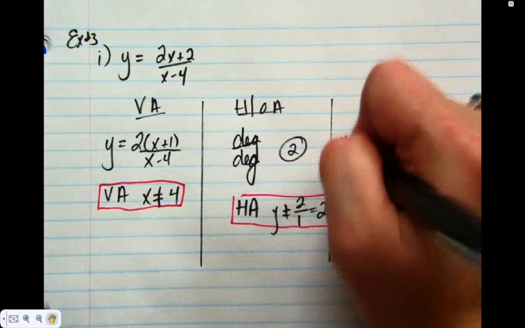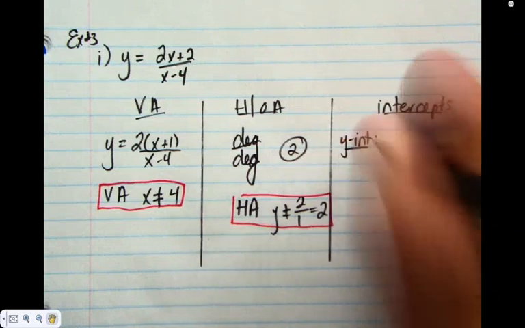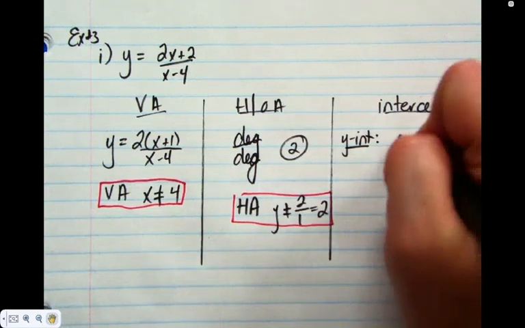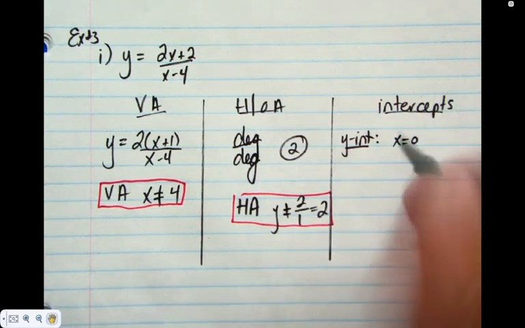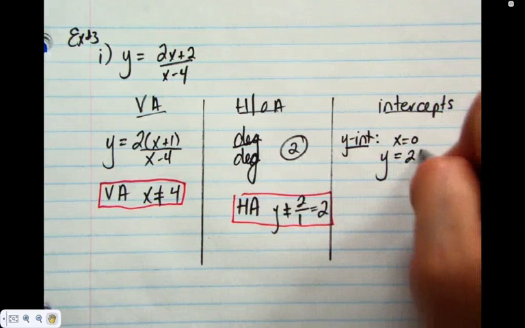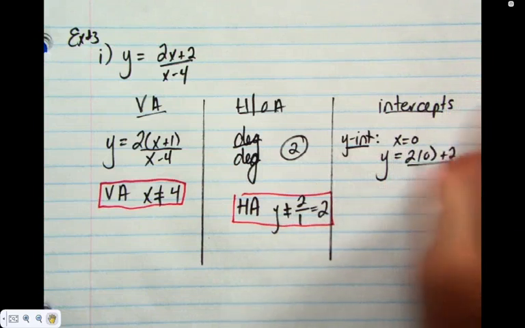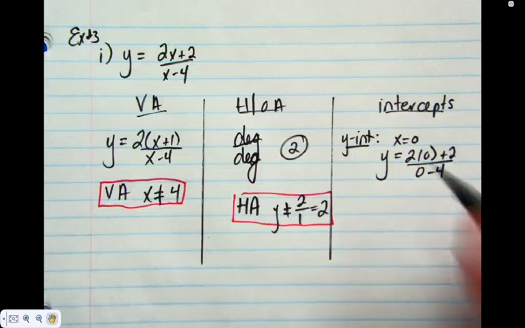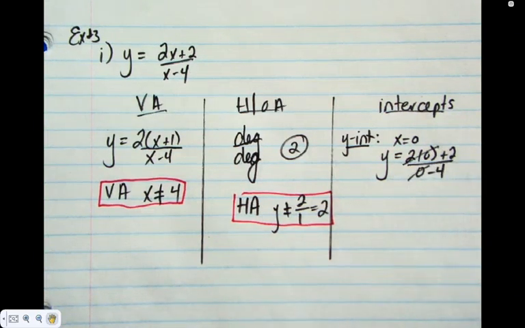Intercepts. I always do y first because they're the easier ones. This is where you put 0 for x and solve for y. And you don't need to show that work, because if you look at the equation, everything with an x is going to go.